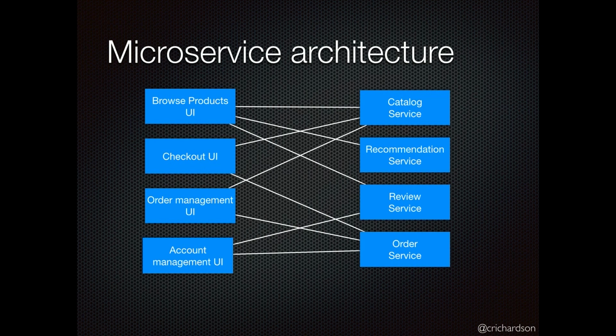So we can have a mini web application that's dedicated to supporting the web pages for browsing and searching the product catalog. We can have another web application that's responsible for implementing the checkout web pages. Similarly for order management and account management. So we're just breaking up our system by function into these independently deployable mini applications, or in other words, services.